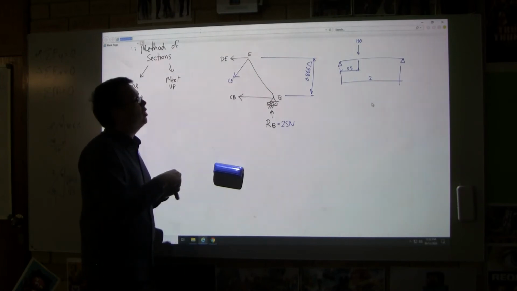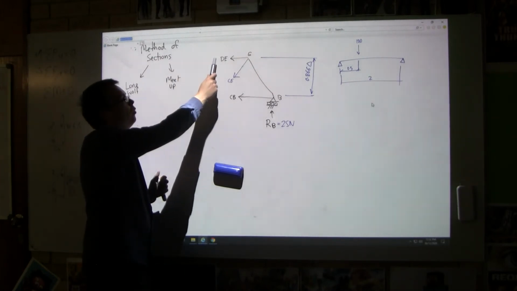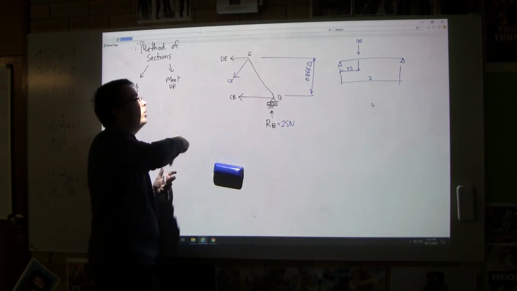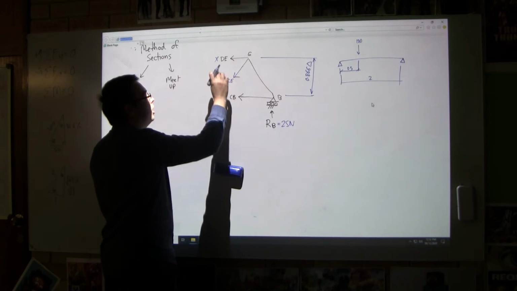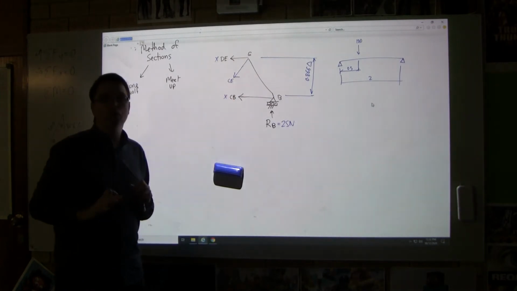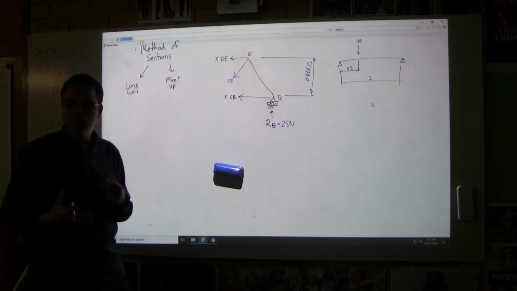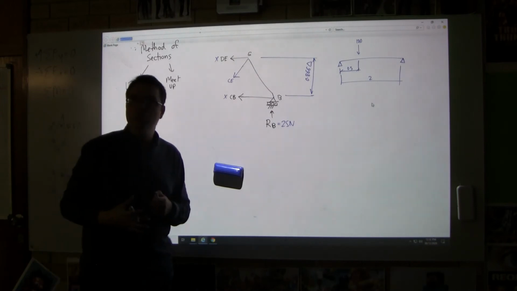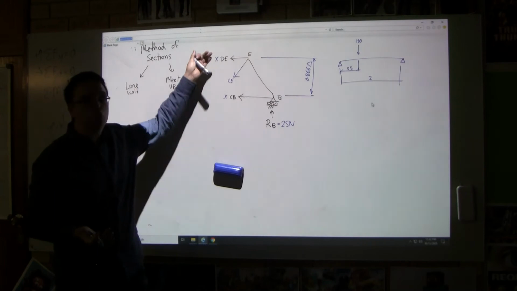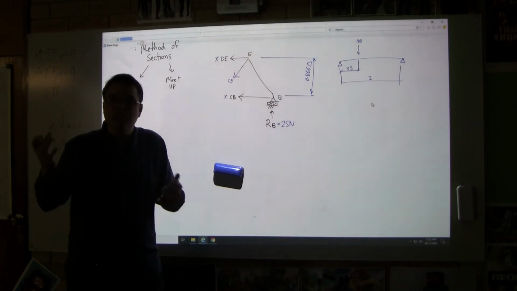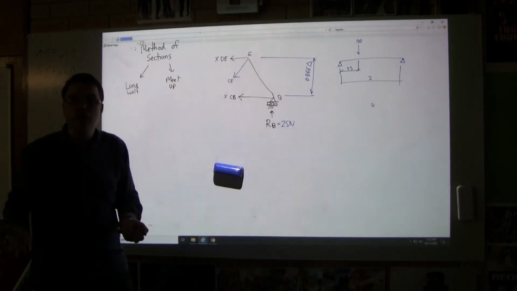So how do I get rid of these two? How do I ignore them? Earlier we had two unknowns and we took moments about one of the unknowns to eliminate it. That would work, but unfortunately there's nowhere where these two meet up. They're parallel lines, and they're never going to meet.